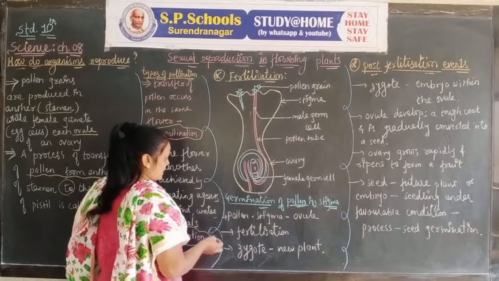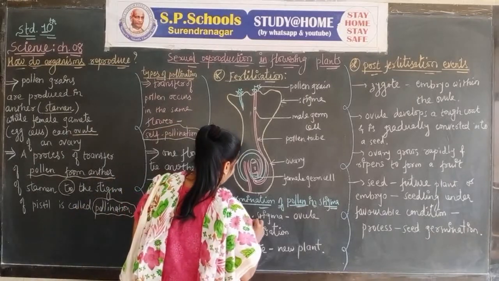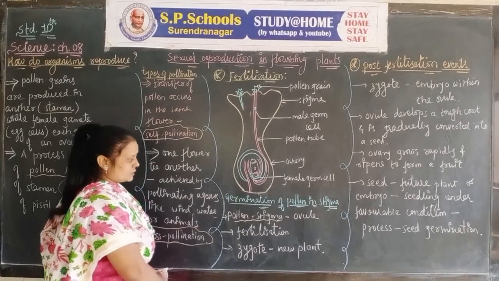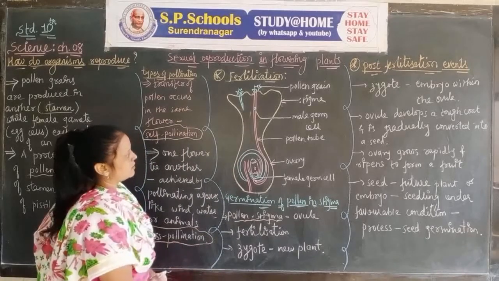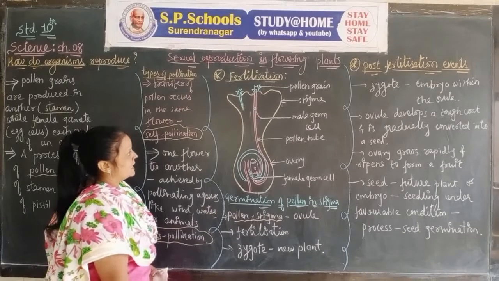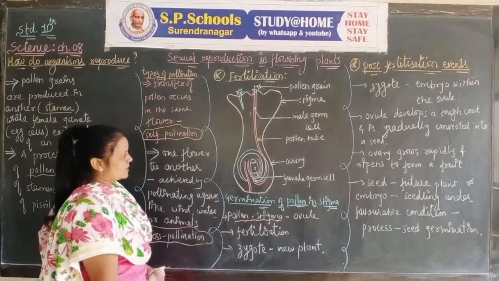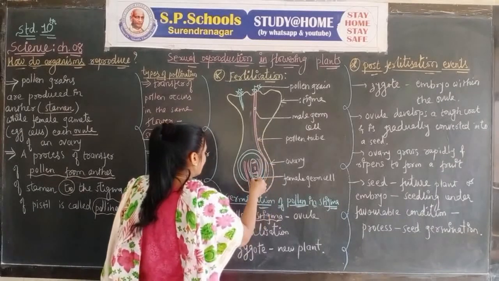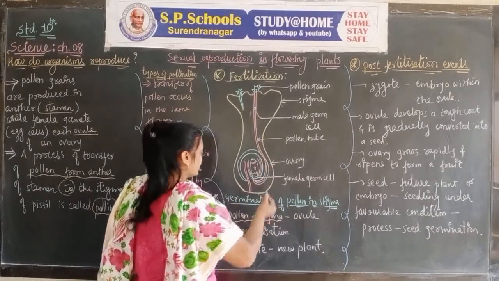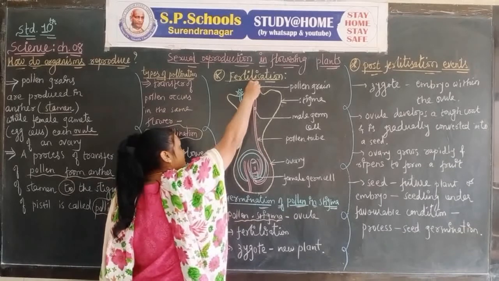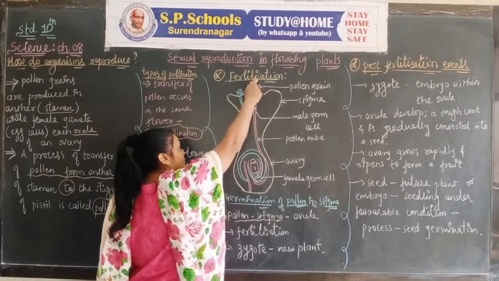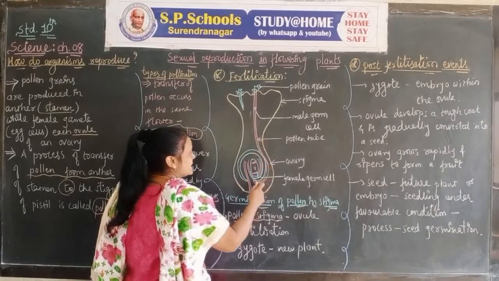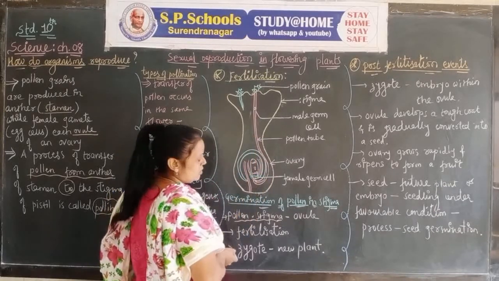The pollen sticks to the terminal part of the stigma, and with the help of the pollen tube it reaches the ovule.